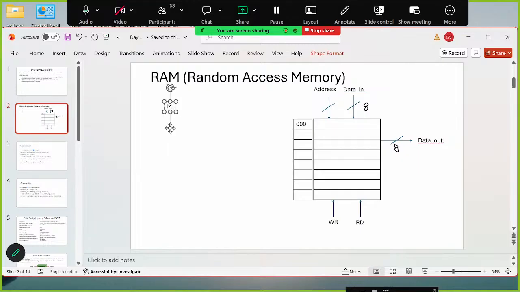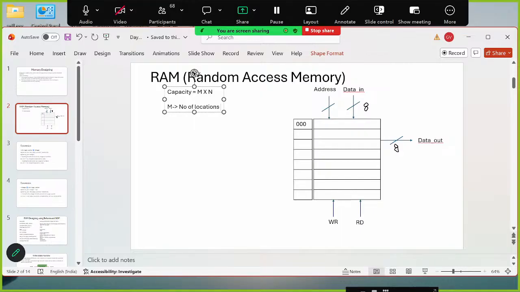Generally, memory capacity can be defined as m into n, right? When we talk about memory capacity, it is defined as m into n, where m refers to the number of registers or locations.